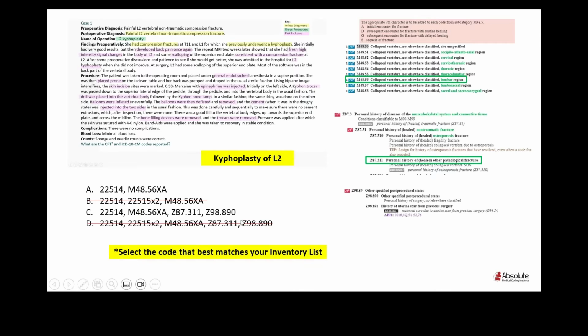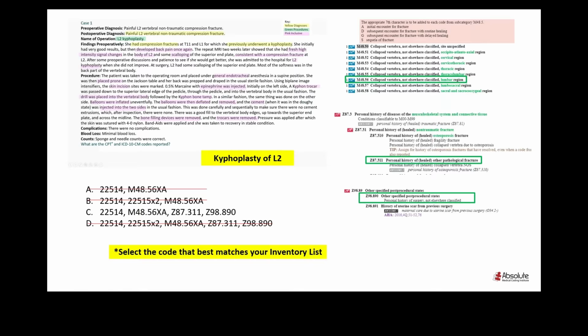So first, M48.56XA is coding for collapsed vertebral body, not elsewhere classified, lumbar region. That is correct. Next, Z87.311 is coding for a personal history of healed other pathologic fracture. Yes, that is coding for the past history of vertebral compression fracture. And Z98.890 is coding for other specified post-procedural state.